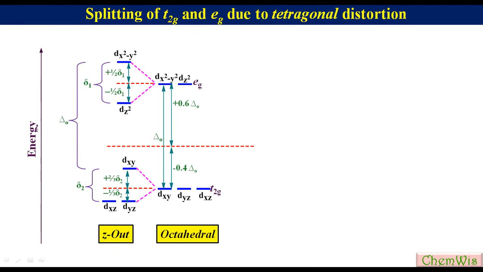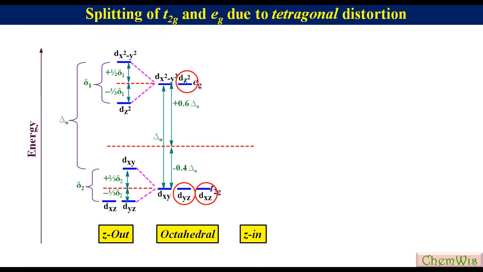Similarly, in Z-in distortion, the two ligands on the z-axis move towards the central metal. In doing so, they increase their interaction with the d orbitals that have z component, that is dz square, dxz and dyz.